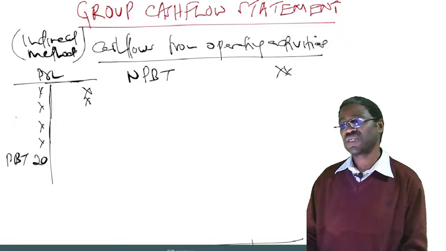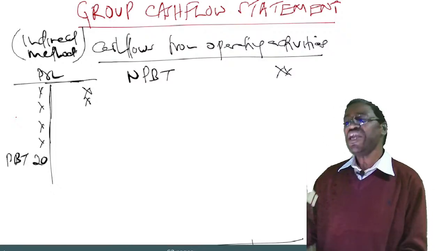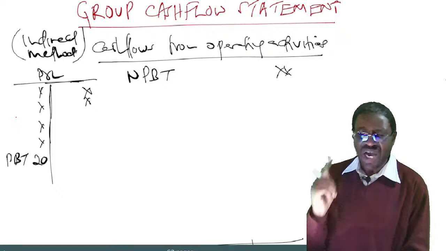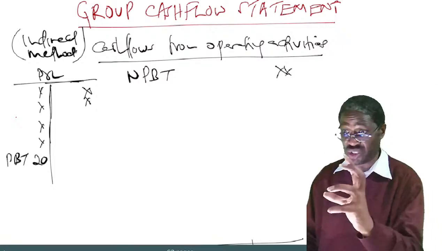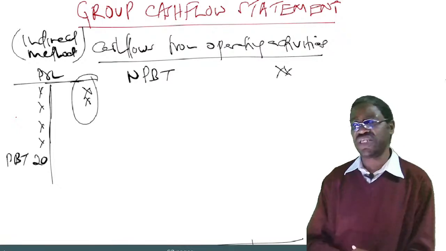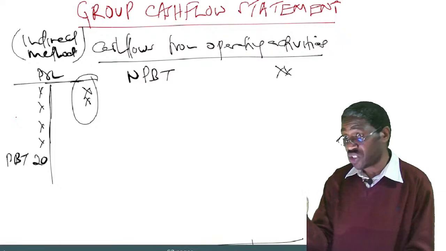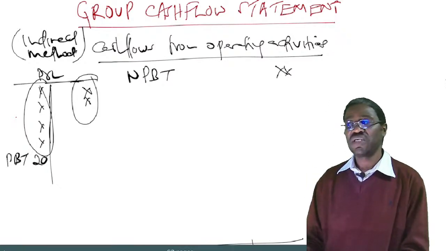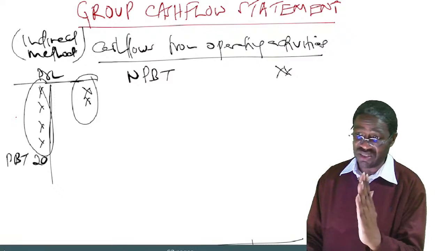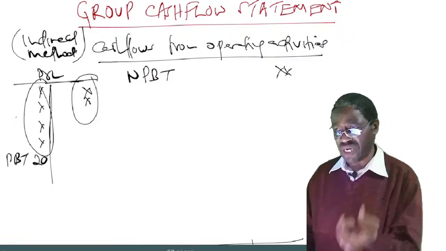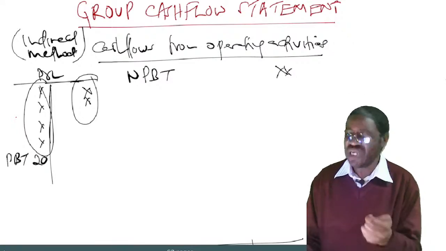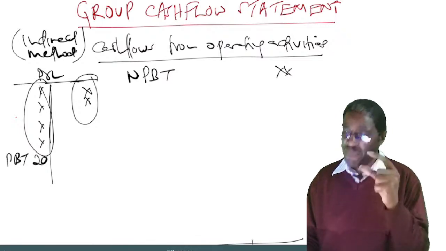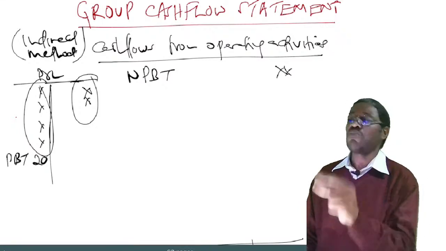Now listen, with that now, assuming everything that was used in the P&L account was by cash, meaning the revenues on the credit were all by cash, and the items on the debit, which were expenses and other losses, were all paid by cash, then it automatically implies that this 20 million would have been the net cash inflow from operating activities.